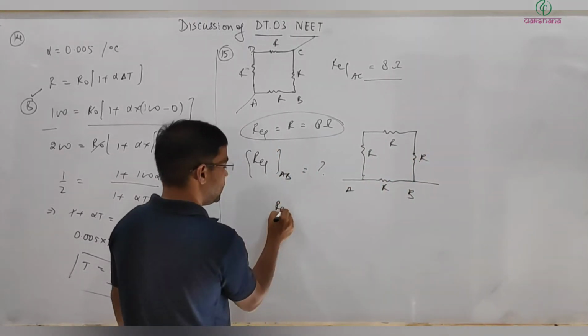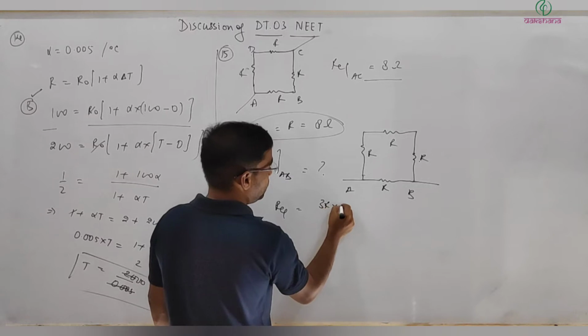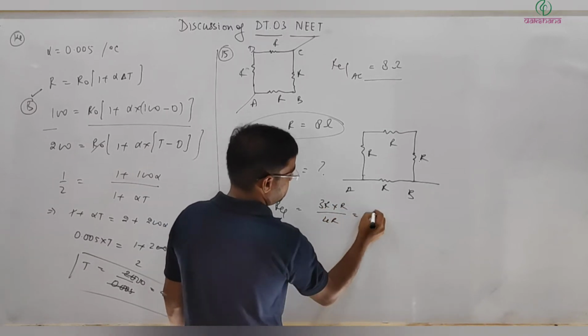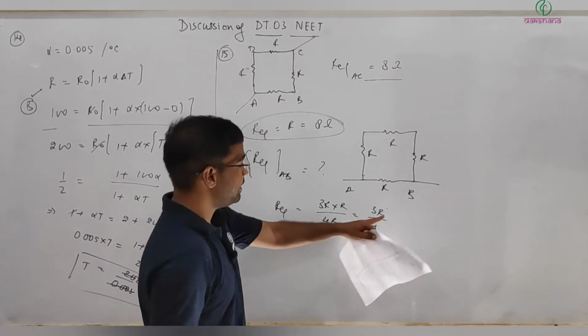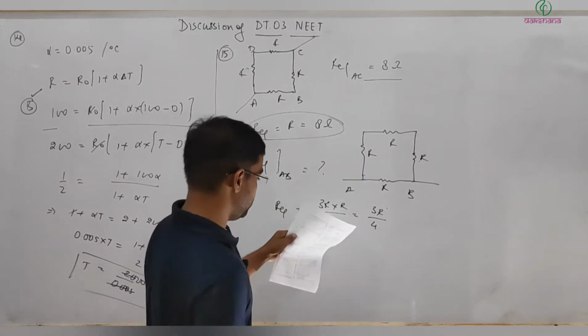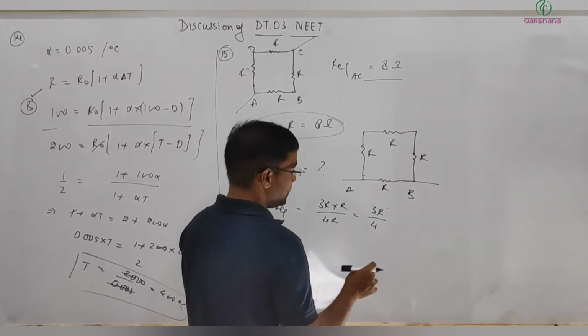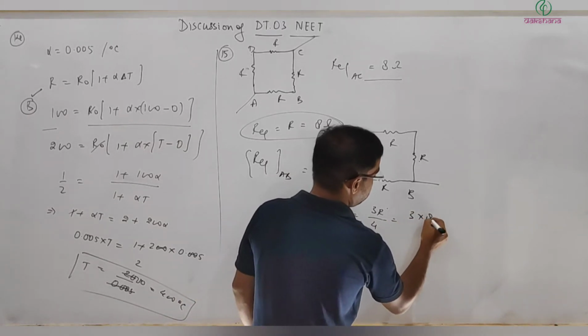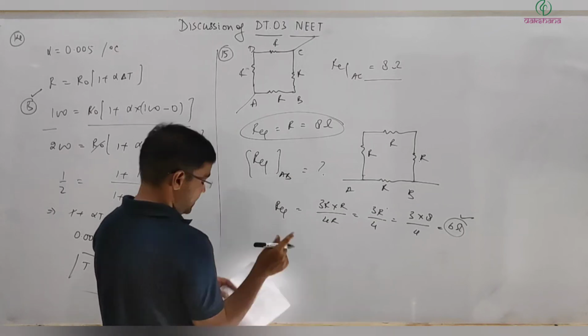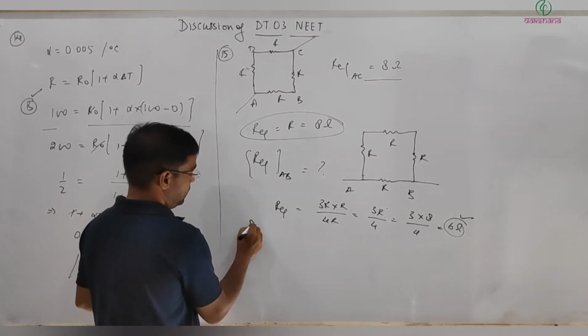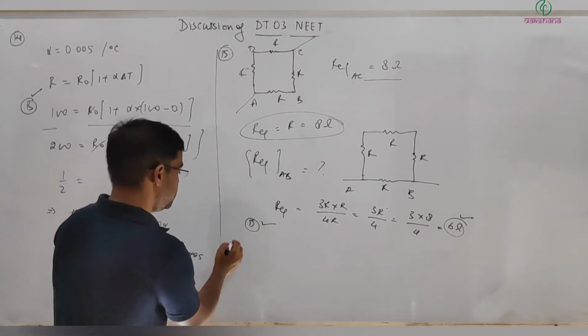So your R equivalent will be 3R into R divided by 4R, and that comes out to be 3R divided by 4. Substituting R as 8 ohm, we get 3 into 8 divided by 4, which is 6 ohm. So this is your answer, and the answer matches with option D.